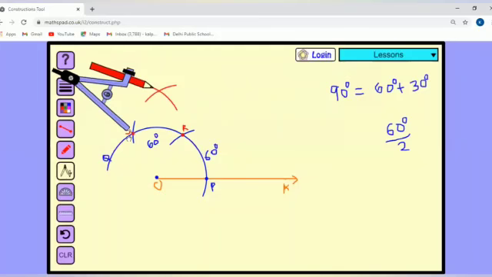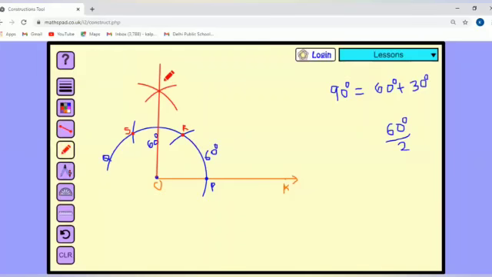So now you bisected this 60 degrees into two parts. Now join from O to this intersecting point and produce this. You can name it as T.